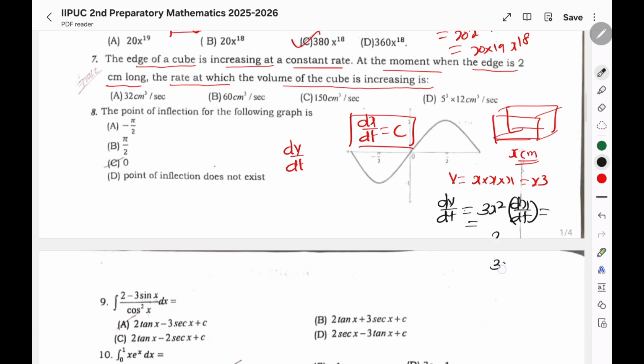They ask when the edge is 2 centimeter, it means x value is 2. So answer is 3 into 2 square into c, so 12c centimeter cube per second. But you can see here there is no such option given, so it means none of the options is correct. It's a grace mark question.